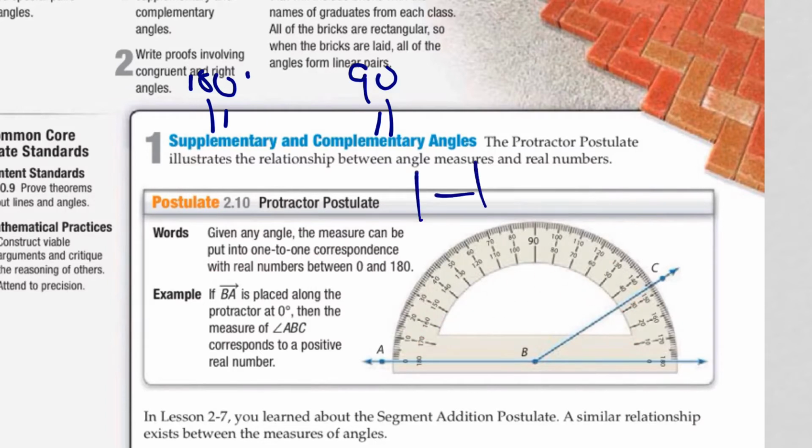Positive 1 to 180 degrees. Alright, I'm always going to get that. So that's what the protractor postulate is saying. No matter what, if I measure an angle using a protractor, I'm going to have a positive degree, either 1 to 180.